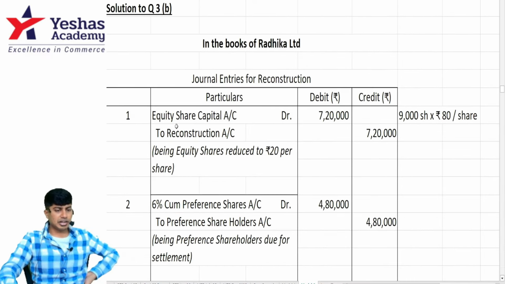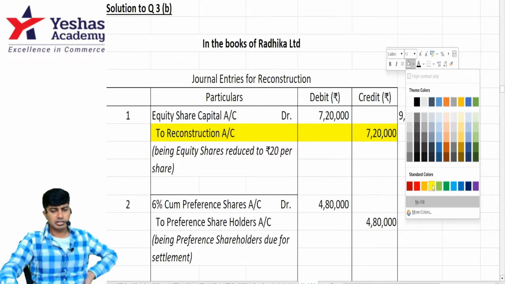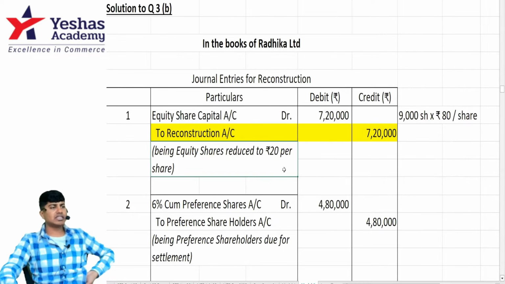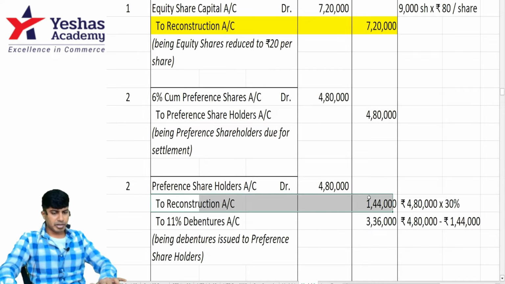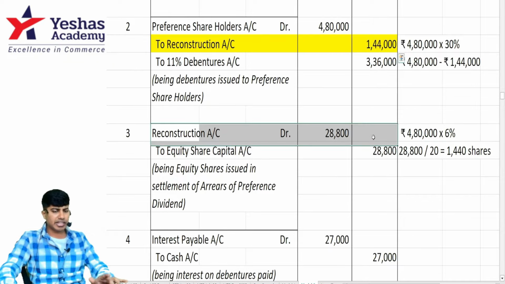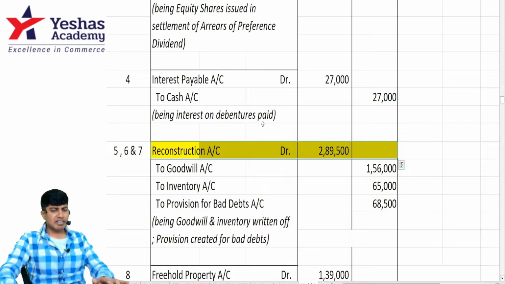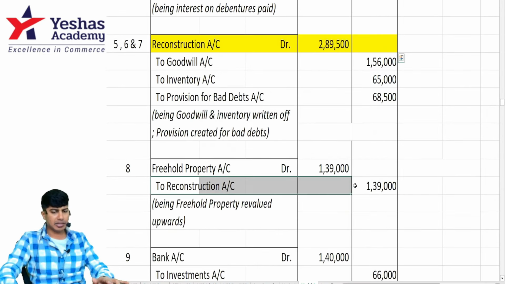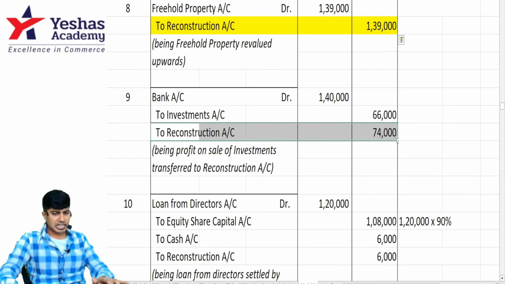Everyone with the calculator ready. Only once. You should not tap it 3 times. AC button. 7 lakh 20. You take as minus 7 lakh 20. First entry. Then minus 1 lakh 44. Then plus 28,800. Then plus 2 lakh 89,500. Then minus 1 lakh 39. Minus 74,000.